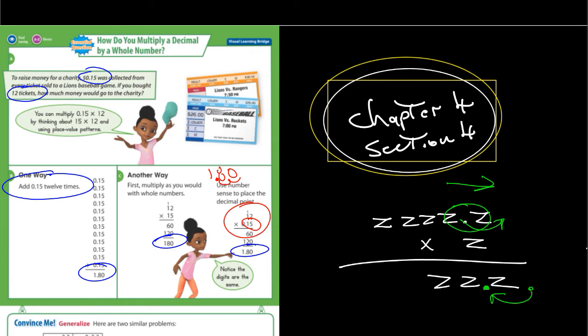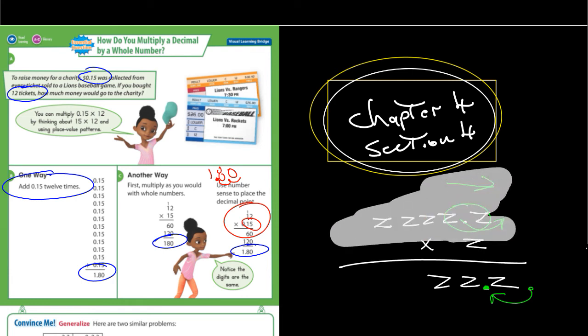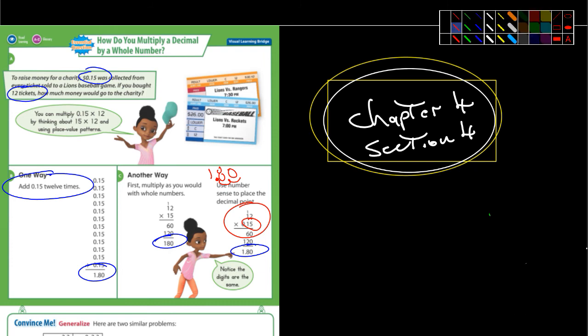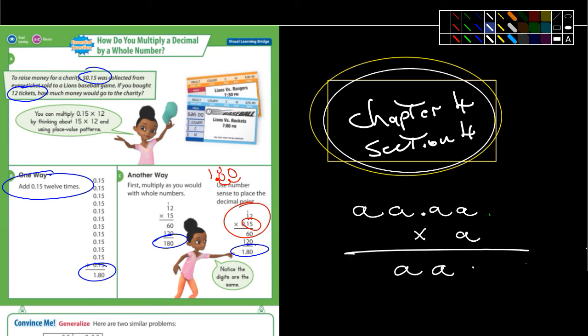Let me give you another one, because I'm seeing some blank looks here. So let's say it was point A times A, and my answer is this. Where does the decimal go? I could replace numbers with the letter A, but this shows the same thing.